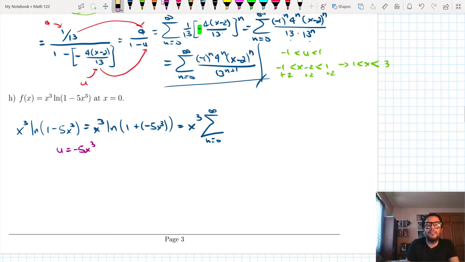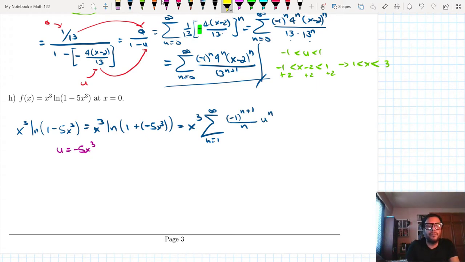It doesn't start at 0. This is the first example that we will consider that starts at a different lower limit. And this is negative 1 to the n plus 1 over n, not factorial, just n, keep that in mind, and then u to the n.